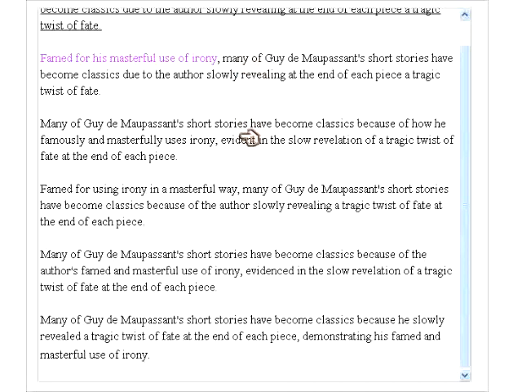Any modifier issues in B? Due to is incorrect. Have become classes due to the author? I'm not sure, Abby. I don't love it stylistically, but it's not really a grammatical error. Yeah, have become classics due to the.